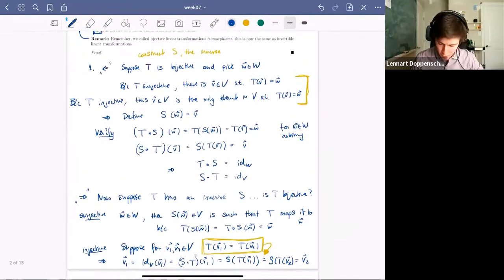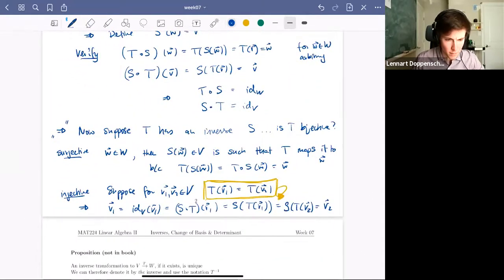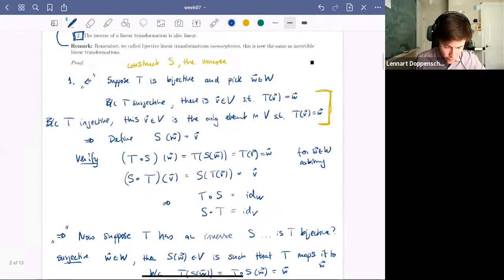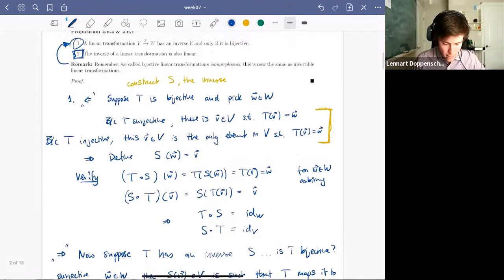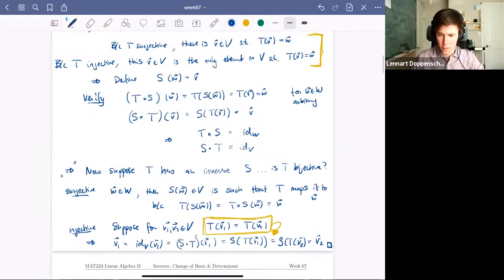Yeah, this is a lot of theory. So maybe I'm going to do the examples first, and then I'm going to come back to the second point of this proposition, because I don't want to overload you with theory too much at one point. Any questions so far?